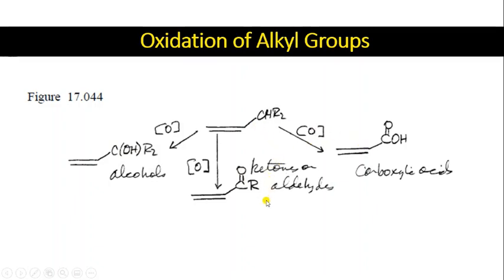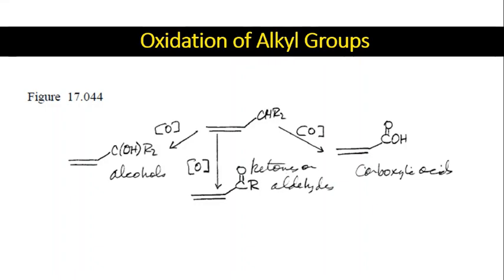In the partial oxidation, you can see that the side chain has been changed into the alcohol. Initially there was an alkyl group, but the partial oxidation has taken it to the alcohol. But the complete oxidation has taken it to the carboxylic acid, right?